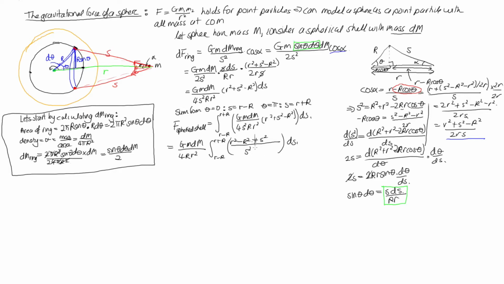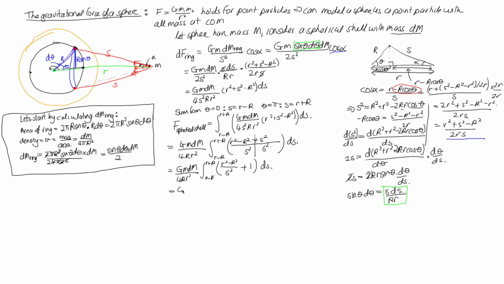We can put this over s squared and this over s squared. So in here we've got (r squared minus R squared) on s squared plus s squared on s squared, which is just 1. So we're now integrating GM dm over 4R r squared from R minus r to R plus r of (r squared minus R squared) over s squared plus 1 ds.